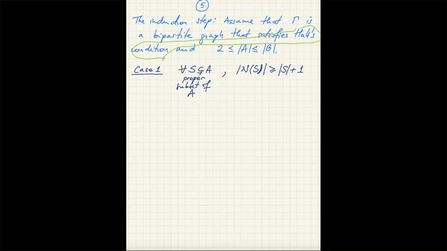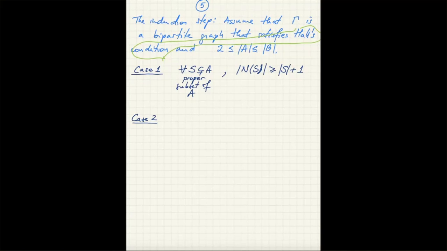And case two is the complement of case one. On one hand, you have Hall's condition that the neighborhood of S is always greater or equal in size than the cardinality of S, but case one is not going to happen.